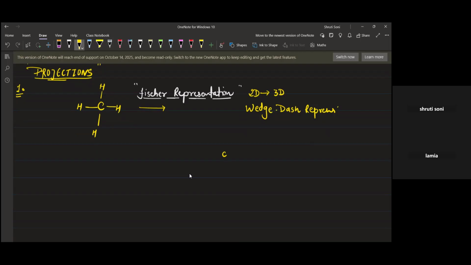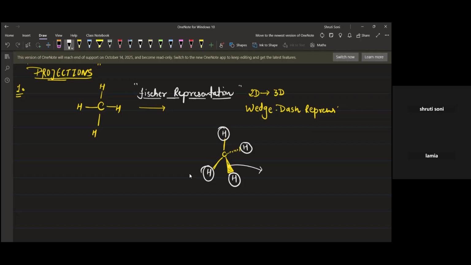In Fischer, we firstly need two bonds in the plane, meaning we draw two bonds in the same plane as the carbon. After that, we represent one as a wedge bond and another as a dash bond. So this is a wedge dash representation.